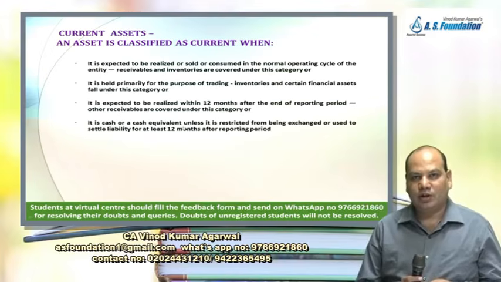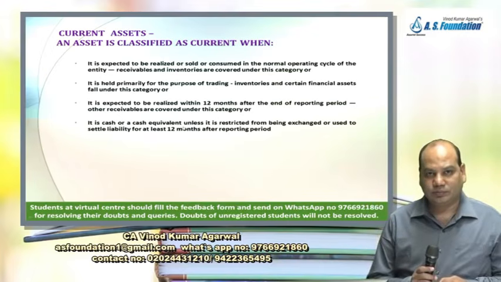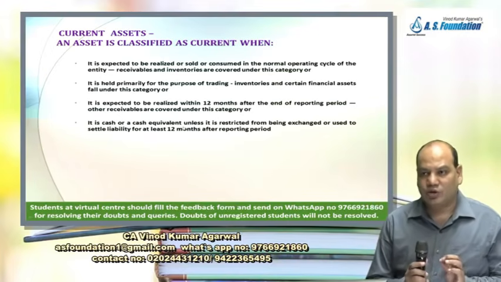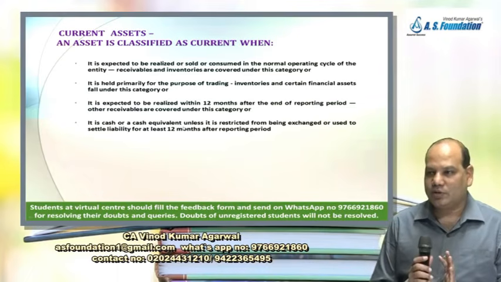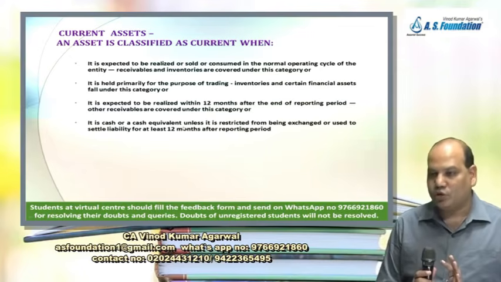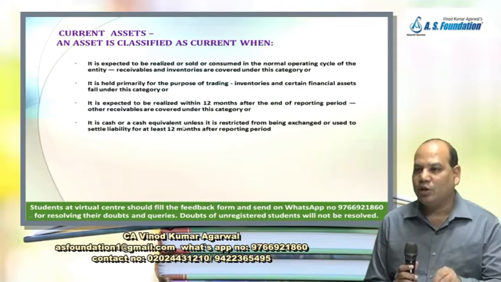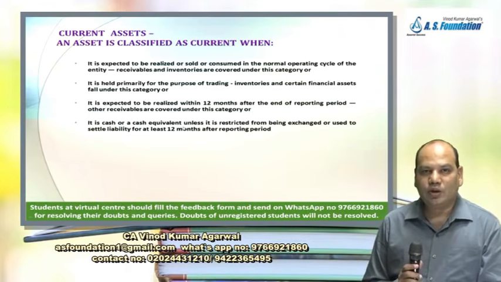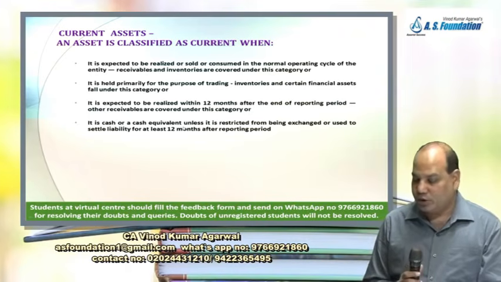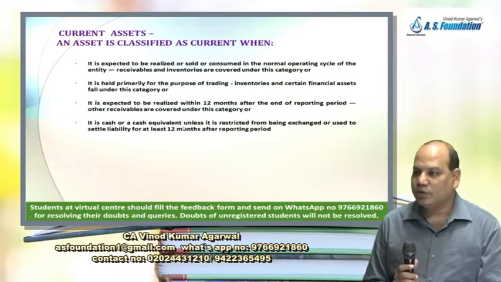So cash in hand, cash at bank, or any cash equivalent item will be treated as current asset only. Cash equivalent means short-term highly liquid investment, which can be converted into cash very quickly without much loss of value.